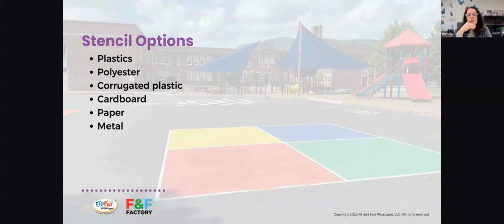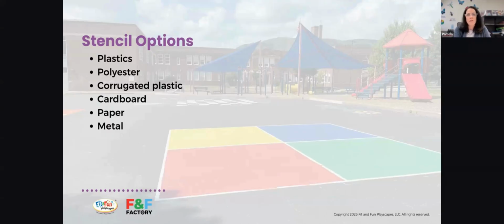You want stencils that hold up in breezy conditions. Nothing's going to hold up in high winds, so not even the paint's going to go everywhere. But if there's a breeze, the stencil should be able to stay intact. You want to make sure the stencils are easy to align and handle, and that they are sufficiently large enough to scale for playground scale designs.